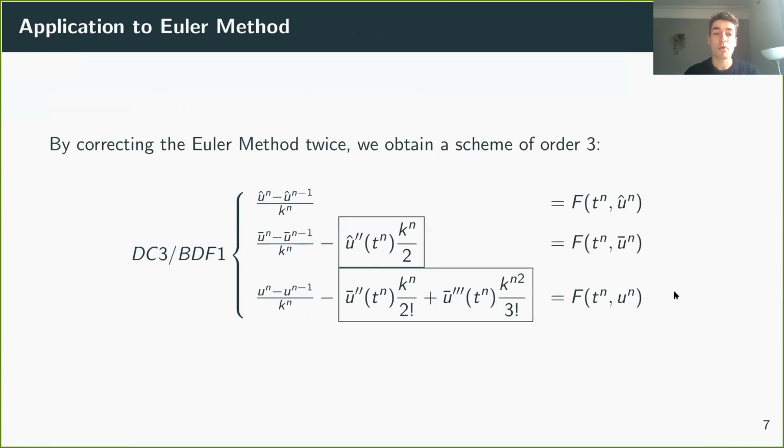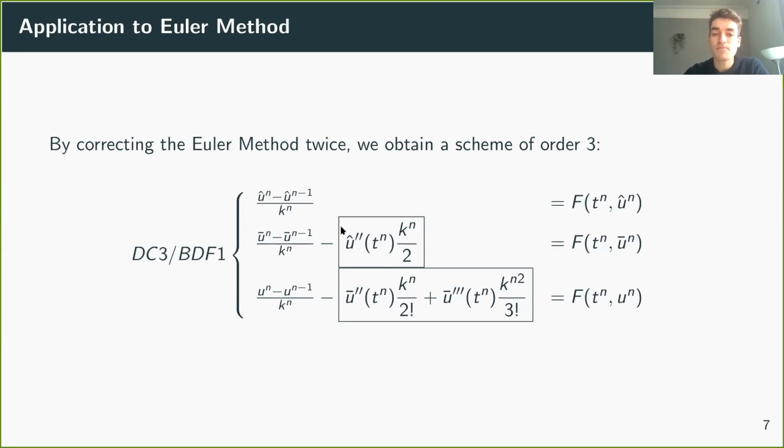So for a simple example, we can consider the Euler method, which is also the BDF1 method. If we have the first BDF1, we can obtain the solution U hat here. With that, we can calculate the truncation error of this first method.